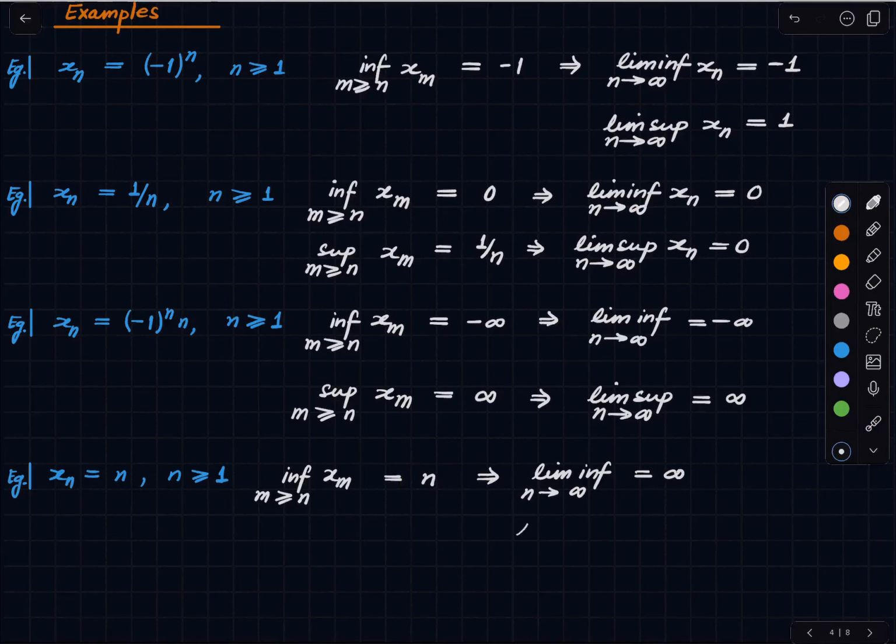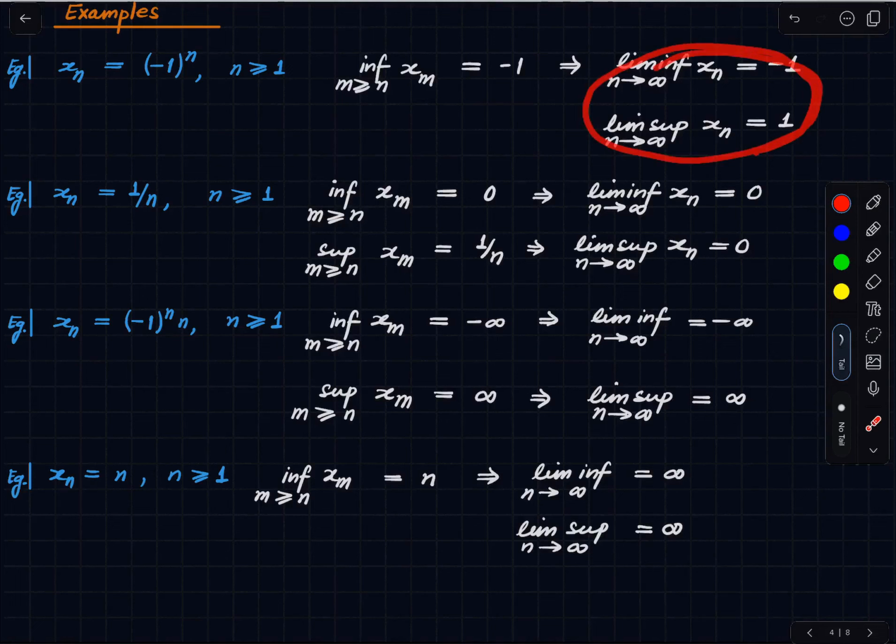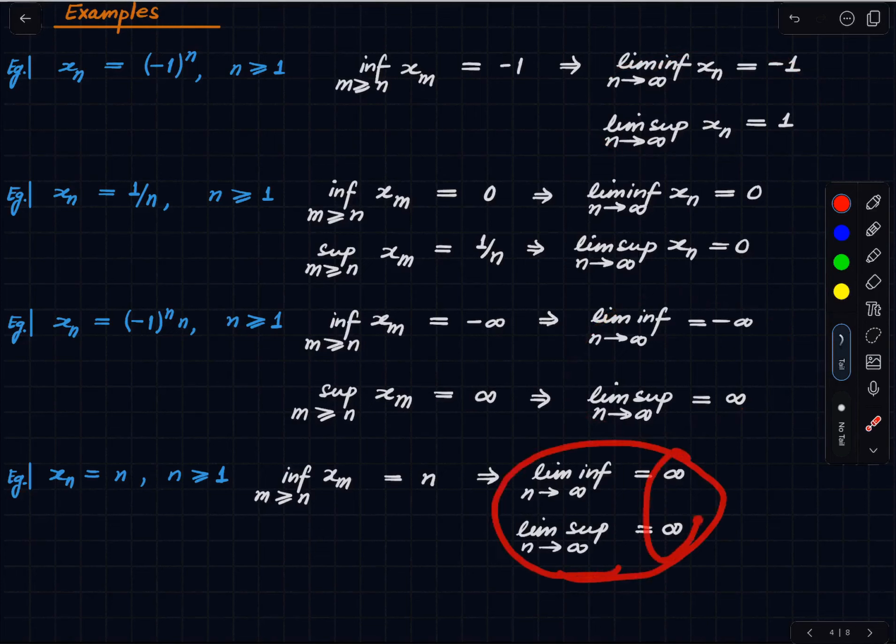And it is much more obvious that this is also infinity. So here we have some difference between liminf and limsup. Here there's a world of difference between them. Here they are equal but at an extended real number. Here they are equal but at a real number. So a lot of possibilities are there.